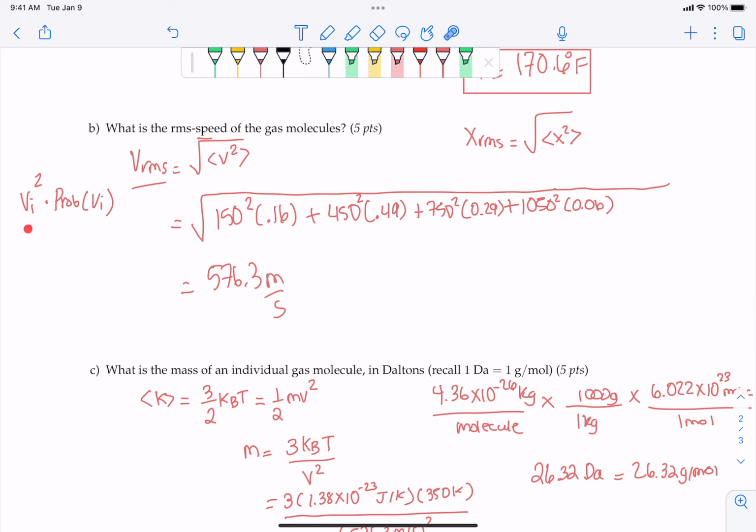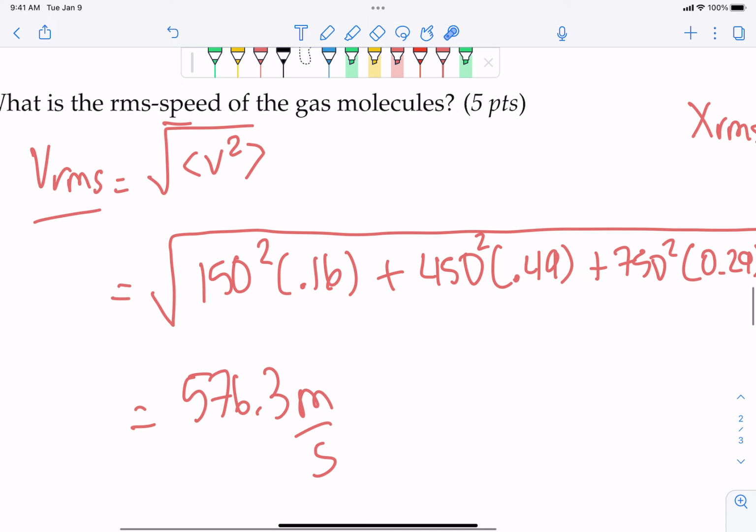If I'm doing speed, it would be my speed squared times my probability of each speed. If I'm doing my position or distance, it would be my distance squared times my probability of each distance. And that's specifically for the average speed squared when the exponent is within the brackets.